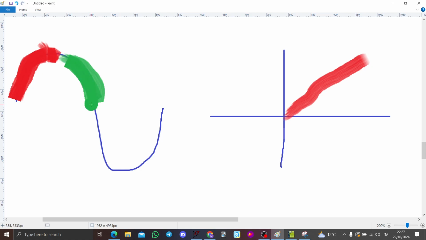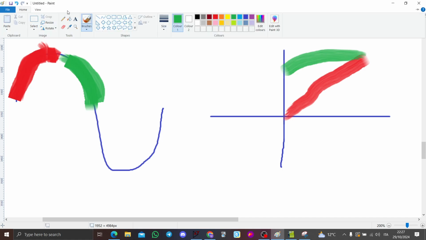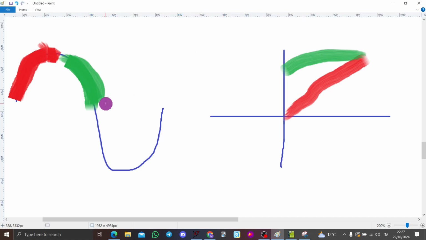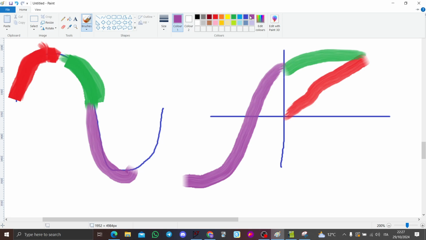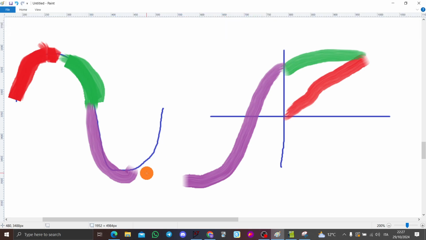You do this, and then you start to go into the other part of the curve. Then you do this, and you go here until you saturate. Yes, because you are basically doing the same thing as the red now. And then with the orange, we come back to here.